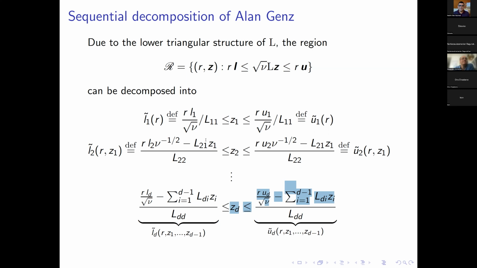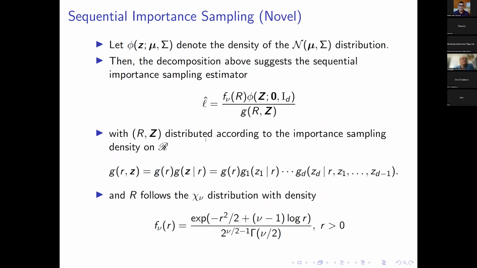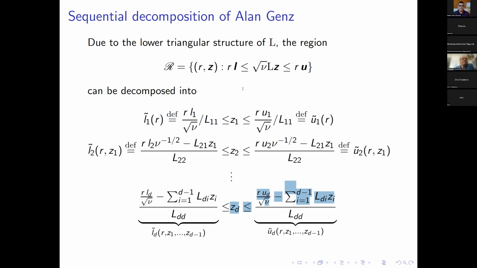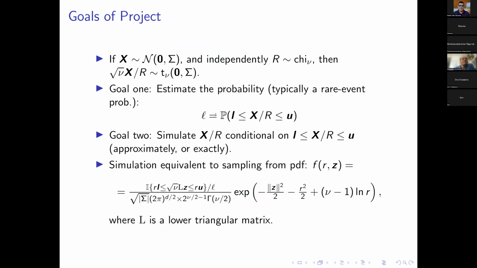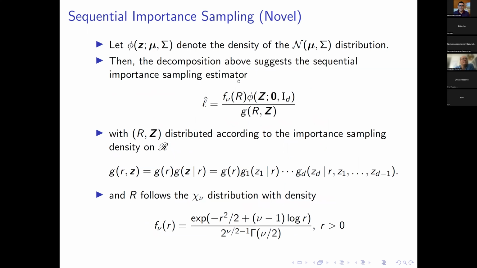On top of this, one way to construct an estimator for our quantity using this decomposition is to think of an importance sampling estimator. The naive simulation involves a standard Gaussian and a chi-square distribution, but we're going to simulate under a different measure, a different density.